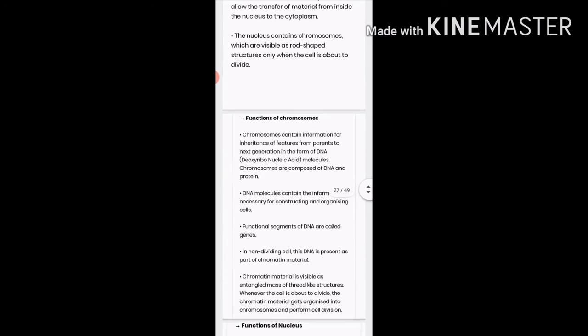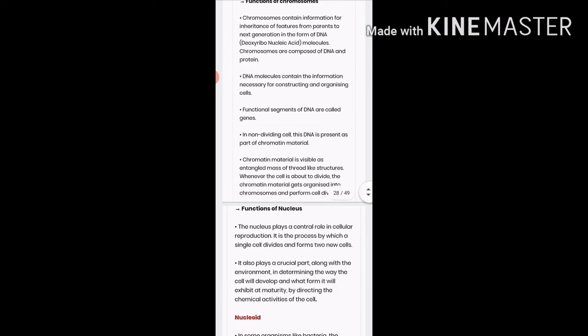The function of chromosomes, that is the chromatin material, is that it is made up of the genetic material called DNA. The full form of DNA is deoxyribonucleic acid. Clear, students? It is this DNA which has the genetic material, and it is due to this that we have the inheritance of characteristics from our parents.